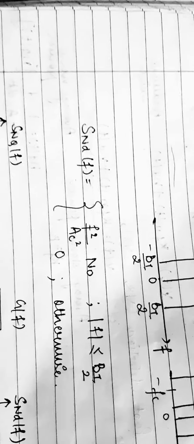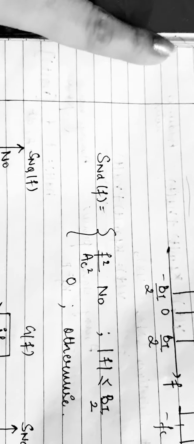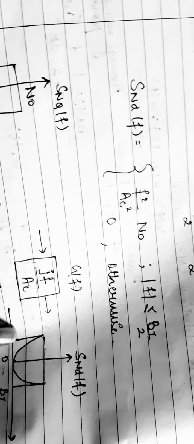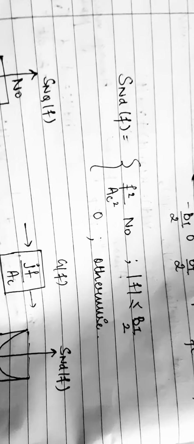Now if we put the frequency component as 0, when f equals 0, this is similar to your ideal low pass characteristic. So when it is 0, your graph will be represented in this form, where it ranges between minus BT by 2 to BT by 2.